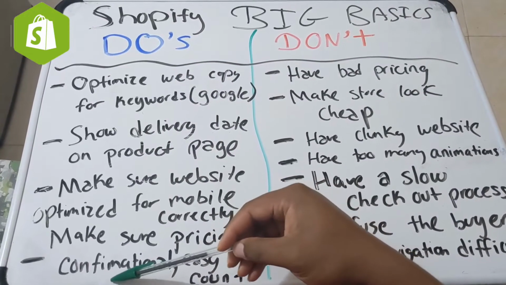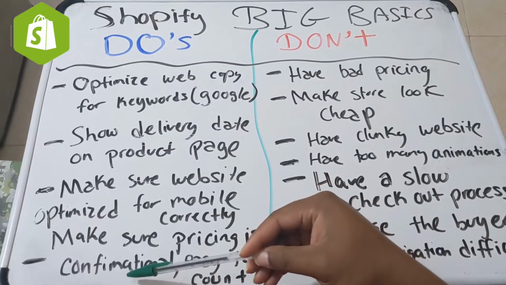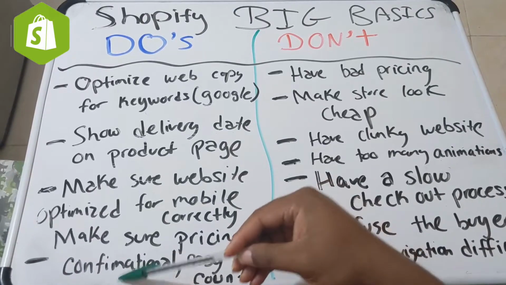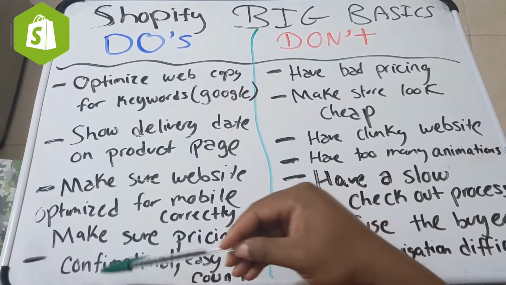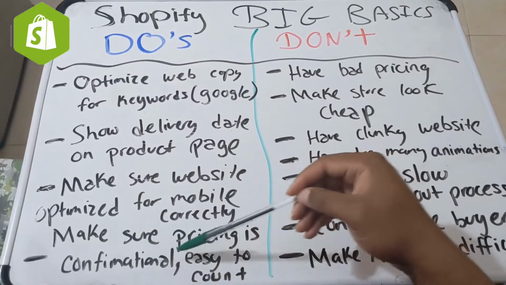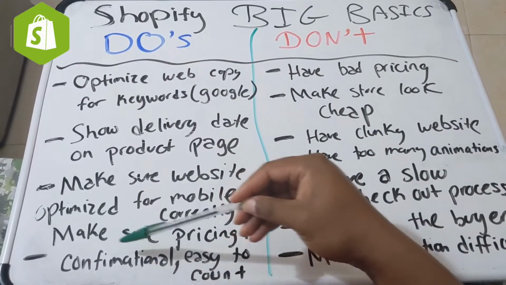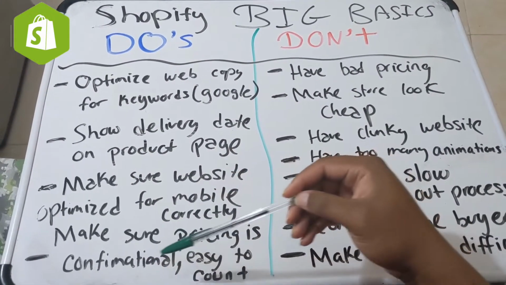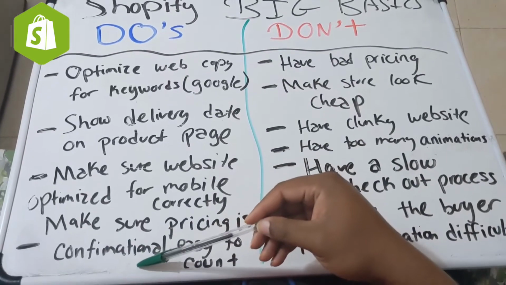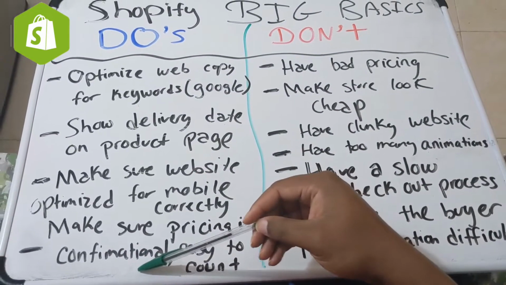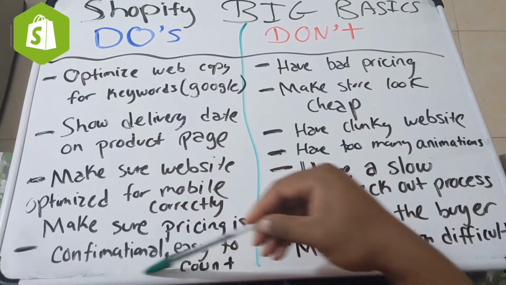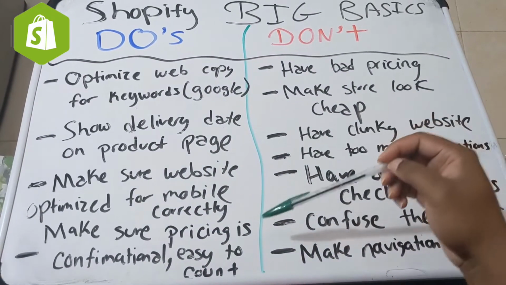Or 10, 10, 20, okay, that's 40, right? Or 20, 20, that's 40, right? They can't do that with $22.05, $27.15, because they can't confirm it in their brain. So make sure your pricing is confirmational, right?